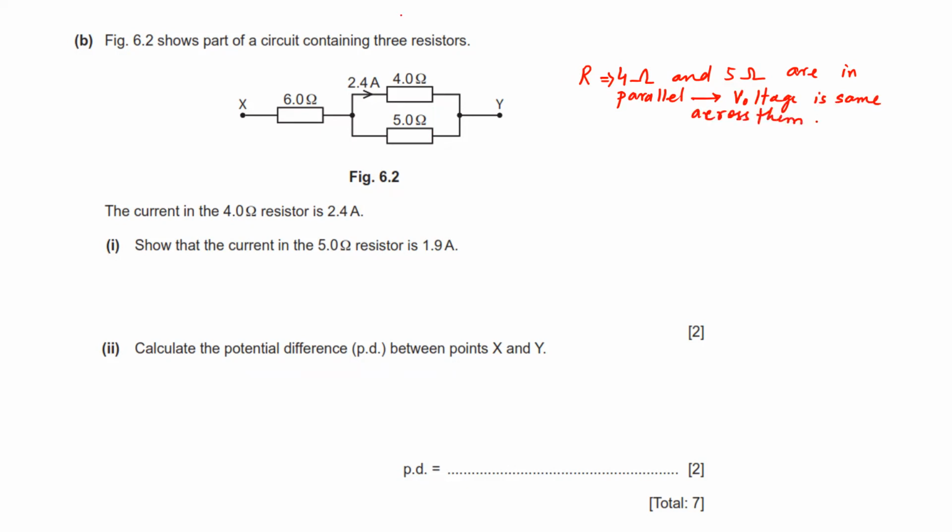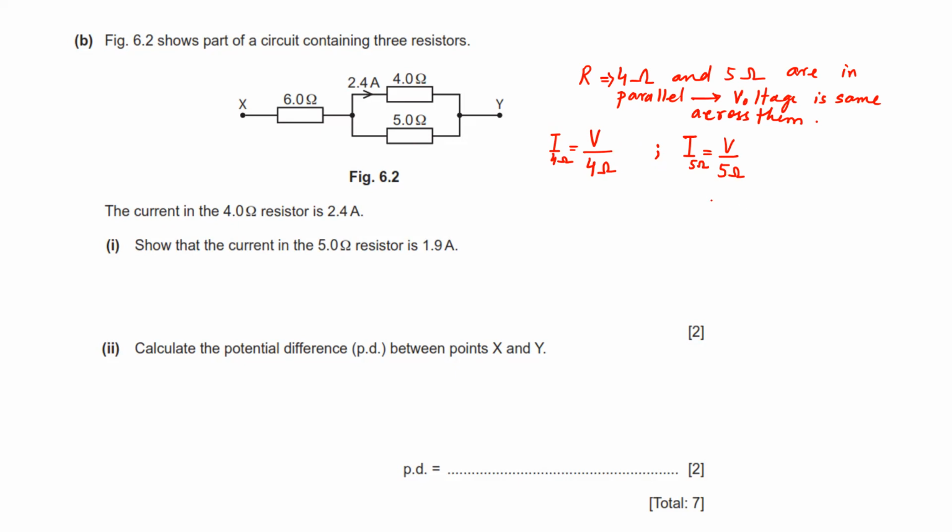Okay, so both of these resistances, 4 ohms and 5 ohms, will have the same voltage. So I across 4 ohm will be V by 4, and similarly, I is equal to V by 5 ohms. So I in 5 ohms and I in 4 ohms, both voltages will be the same.